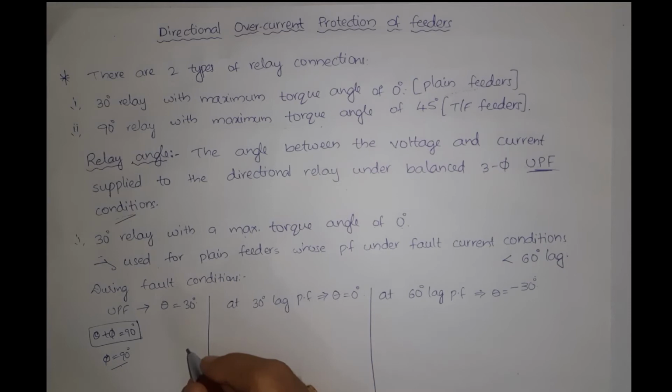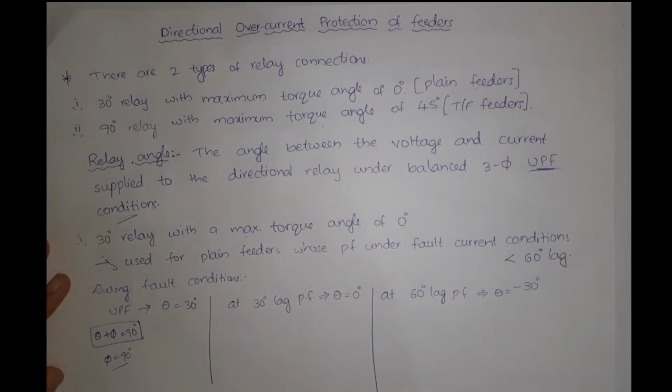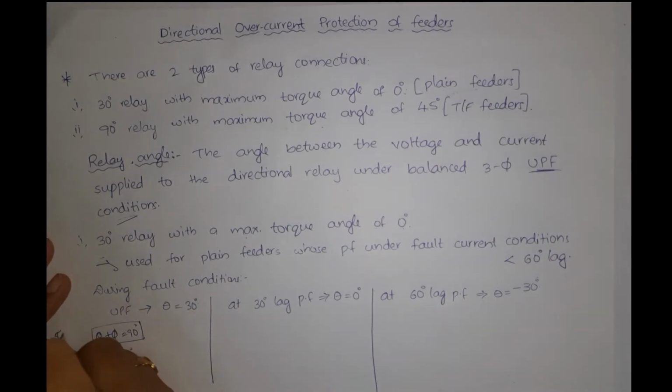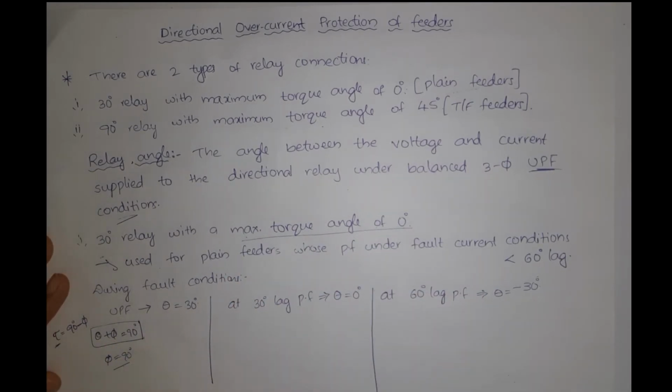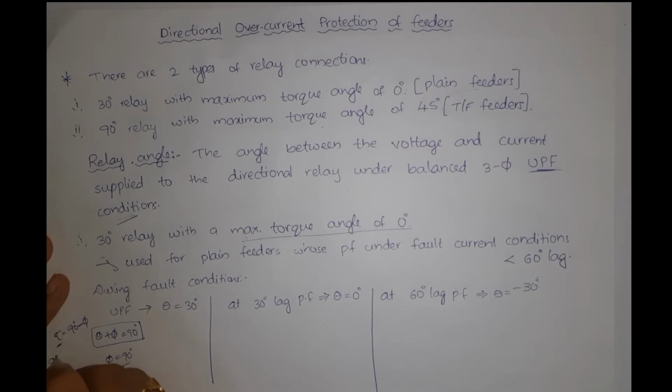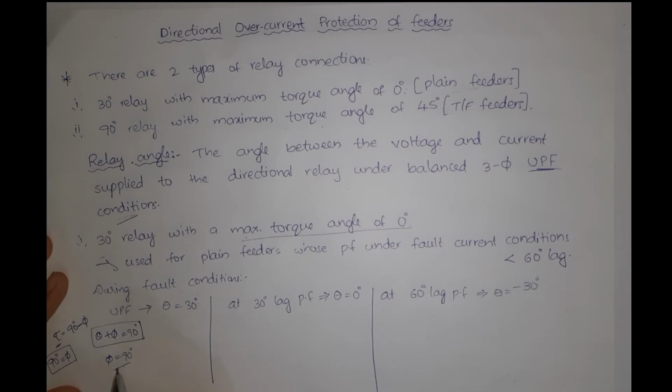In the previous case, as we have seen, in the case of directional relays, we have defined the maximum torque angle tau as equal to 90 degrees minus phi. Now here it is given that the maximum torque angle is 0 degrees. That means 90 degrees is equal to phi. It comes from this equation, so that our phi is equal to 90 degrees, right?